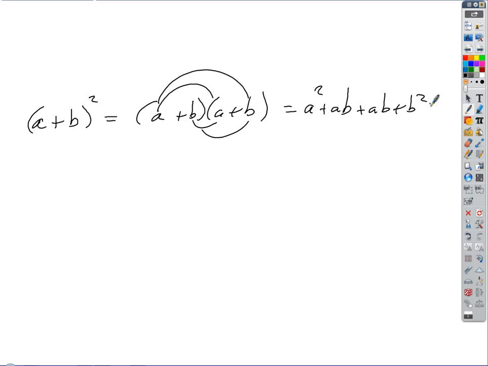Does that make sense? Right? Okay, and then the two interior terms are like terms, and so we end up with a squared plus 2ab plus b squared. So that's the pattern that always holds, right?